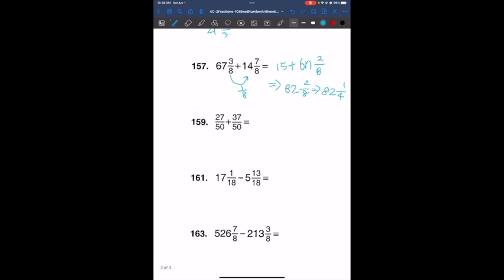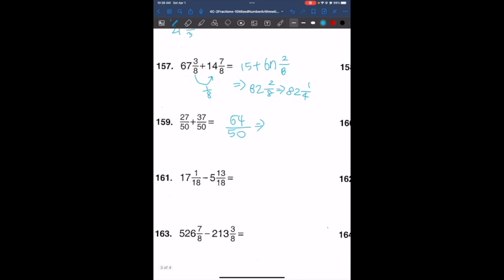Then for this, the denominator is the same, the numerator is going to be 64. And so when we simplify, it's going to be 32/25.